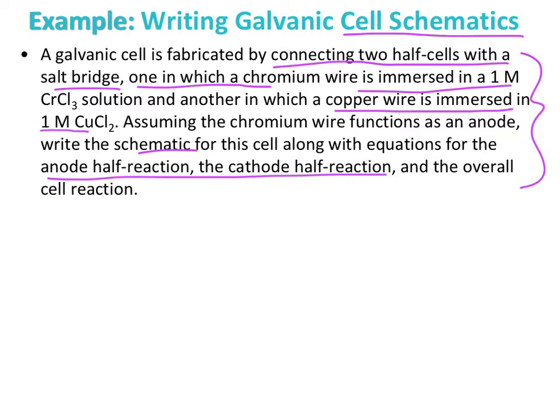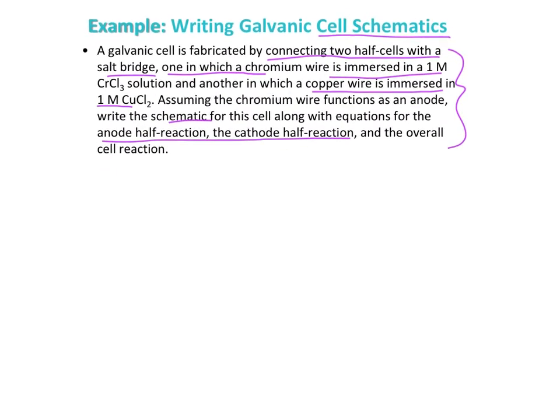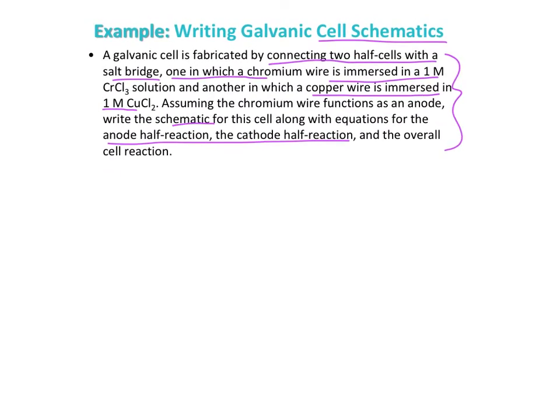So if you want to, you can draw out the little picture and everything. But because I feel, hopefully, that you have that pretty strong in your mind of how the actual laboratory schematic looks, we can go ahead and convert this into cell notation.